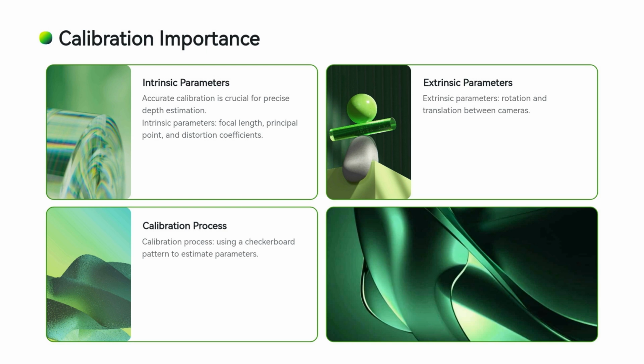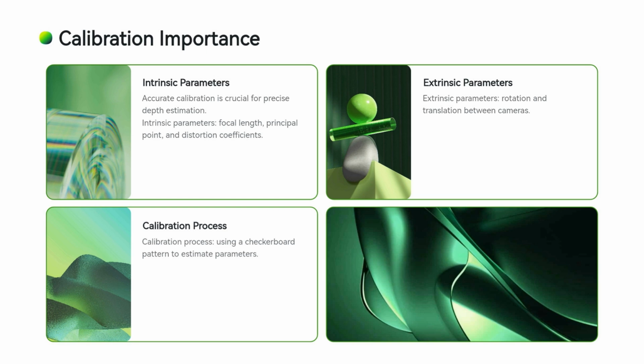For stereo vision systems to accurately estimate depth, proper camera calibration is essential. Camera calibration involves estimating both intrinsic and extrinsic parameters of the cameras. Intrinsic parameters include the focal length, principal point, the center of the image, and distortion coefficients that account for lens distortion. These parameters describe how a 3D point is projected onto a 2D image.